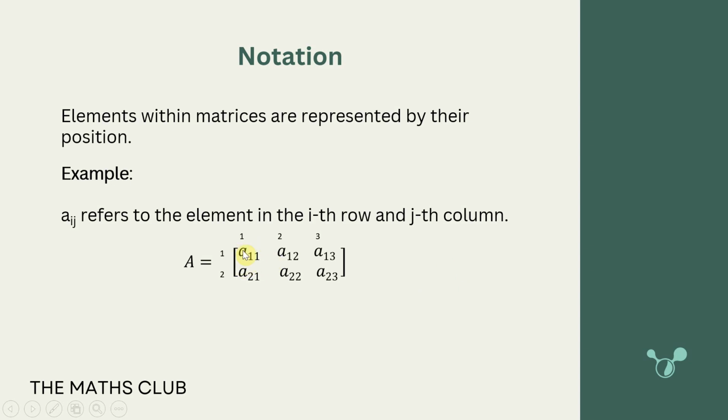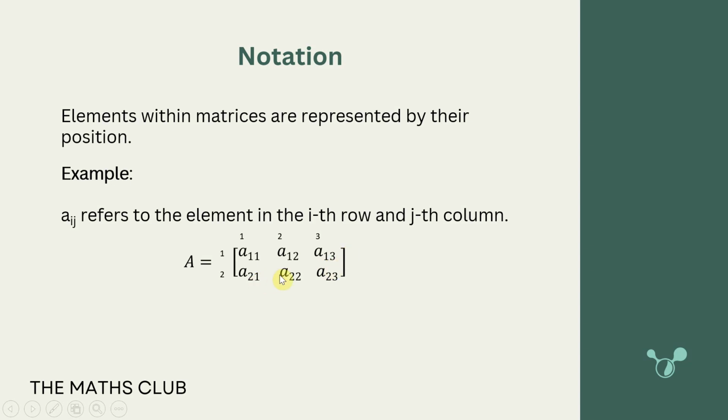So this first one here is in row 1 and column 1, so A11. This next one is in row 1 and column 2. This is A12. You can see that the row always comes before the column. This one here is in row 1 and column 3, A13.